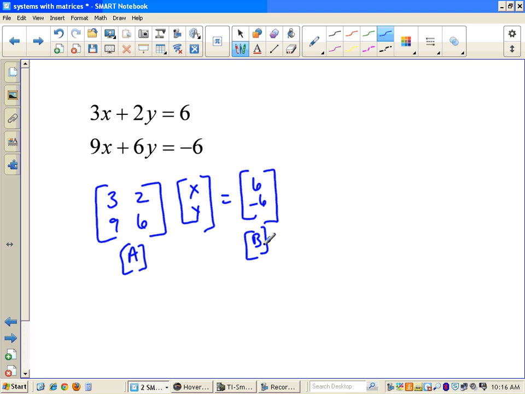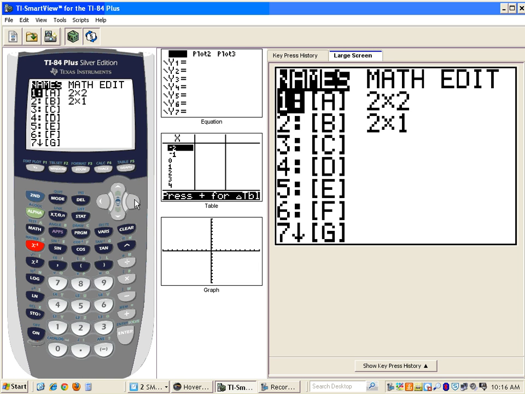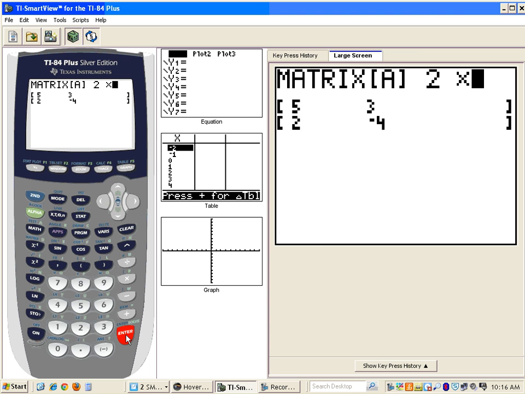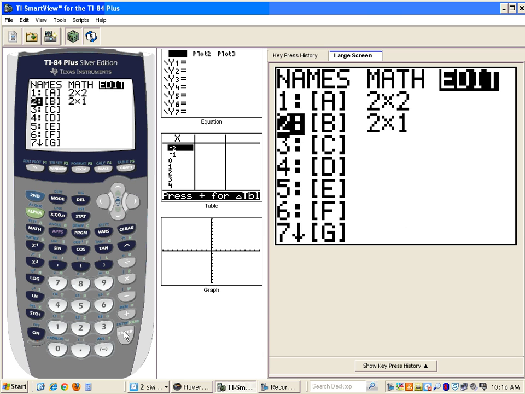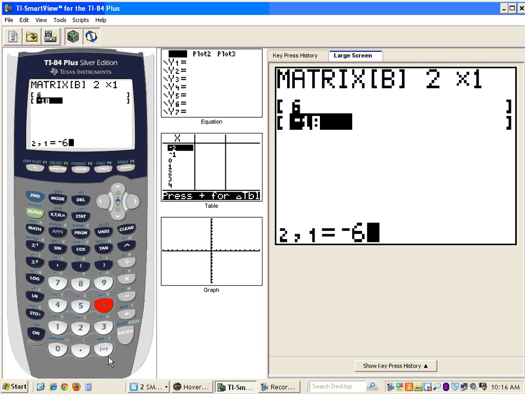So again, I'm going to jump to the calculator, clear that, go into matrix. Matrix A, still a 2 by 2. It's 3, 2, 9, 6. Second matrix, over, down 1. Matrix B is still 2 by 1, and this is going to be 6 and negative 6. If you're putting in negative, you have to use the negative sign, not the subtraction sign.